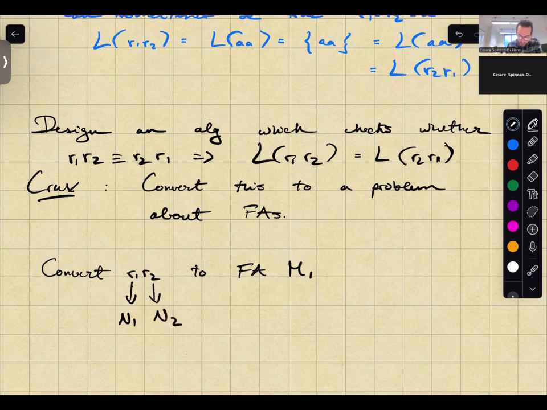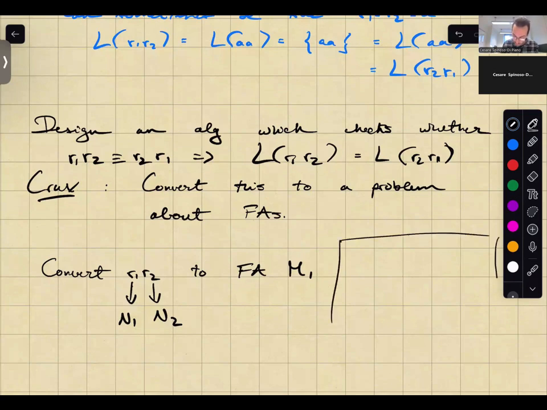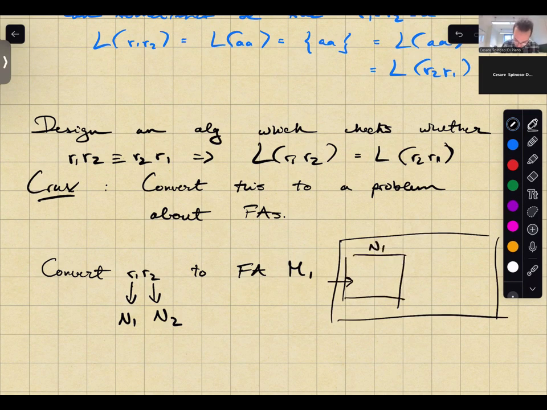And so then the FA for R1, R2, that's just going to be the concatenation of these two machines, right? So that's actually just going to be the start state of N1, which is then going to connect with epsilon transitions to the start state of N2.